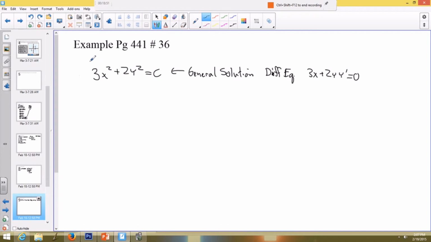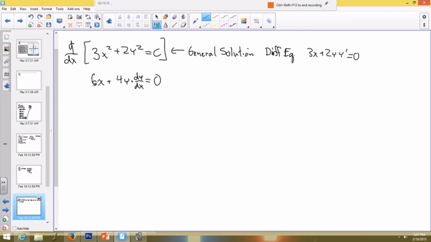So we want to show that this equation is the general solution to this differential equation, which isn't too bad. All we're going to do is differentiate. The derivative of 3x squared with respect to x is going to be 6x. The derivative of 2y squared with respect to x is going to be 4y times dy over dx, and the derivative of any constant is going to be 0. Now, notice these two terms have a factor of 2.